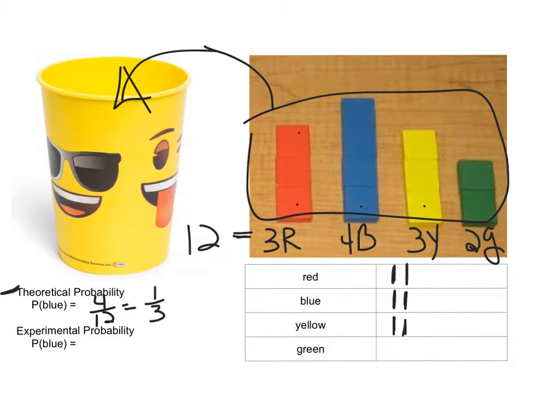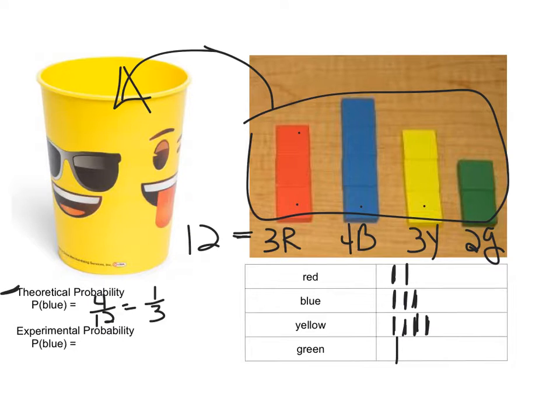Red. Green. 3 more to go. Yellow. Yellow. 1 more, and that would be blue.